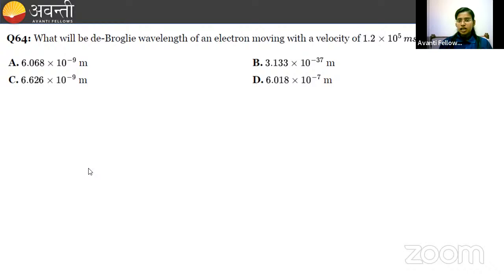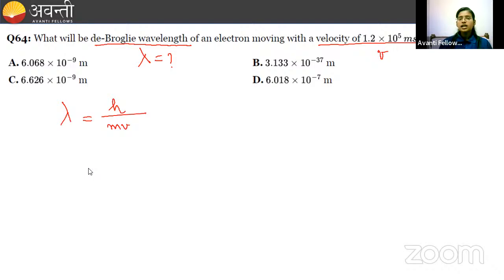So we have to find out the de Broglie wavelength, which is lambda. And the velocity of that electron is given, v value is given in terms of meter per second. So the relationship between lambda and v is lambda is equal to h by mv, where h is the Planck's constant, m is the mass of the electron, and v is the velocity of the electron.